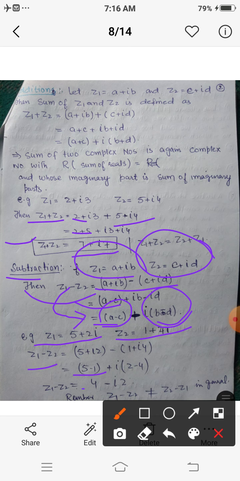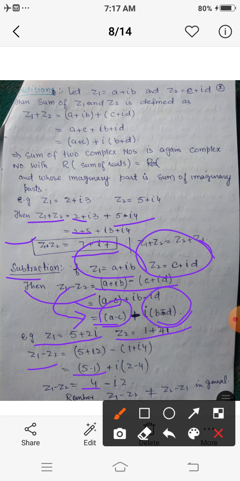Now 5 minus 1 is 4, 2 minus 4 is minus 2, that is z1 minus z2 is 4 minus iota 2. Hence the real part is the difference of the real parts, while the imaginary part is the difference of the imaginary parts. That is, here the imaginary part of z1 minus z2 is minus 2, while its real part is 4.